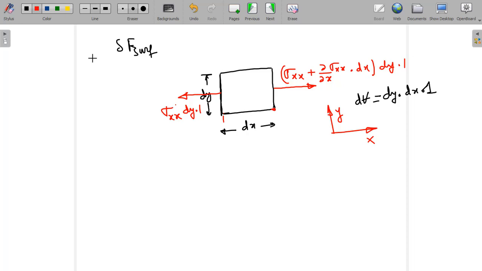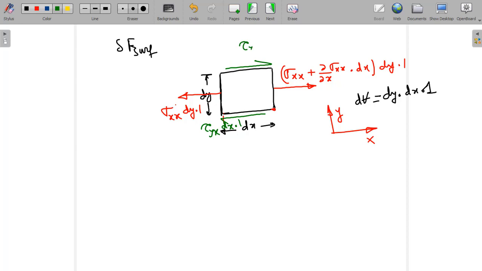Now let us consider the shear force. The shear force that is acting at the bottom surface, let us consider it is tau yx. Okay, so what is the force corresponding to that? Multiplied by the area, which is dx into 1. And what will be the shear stress here at the top surface?